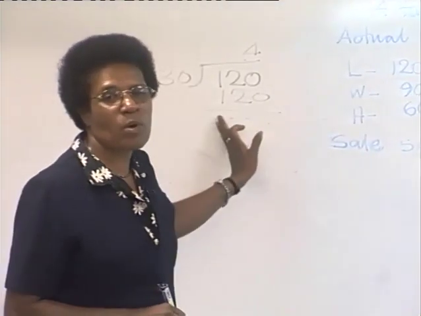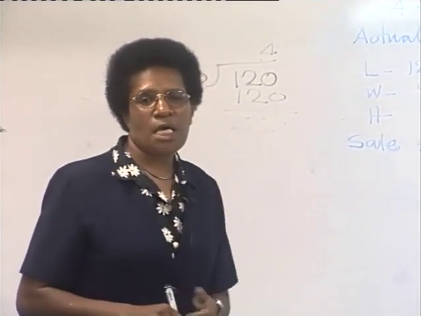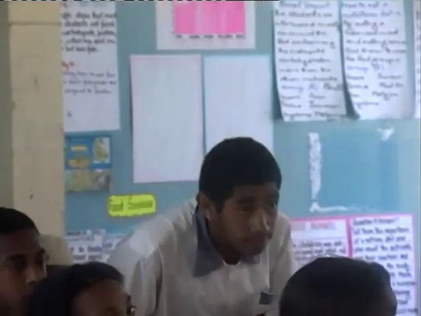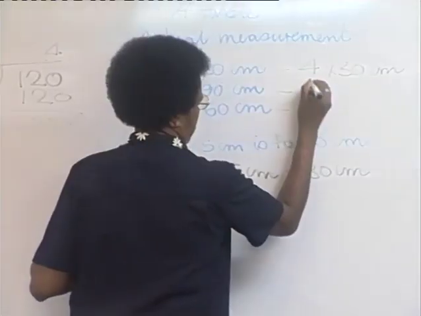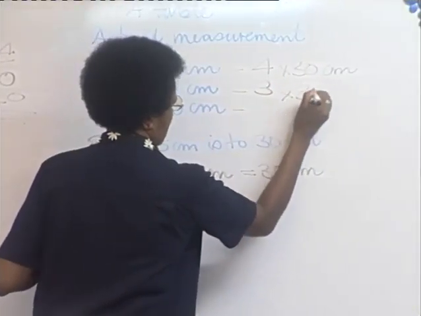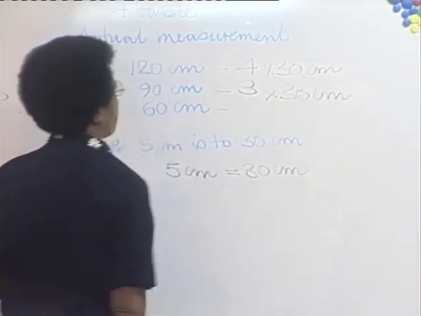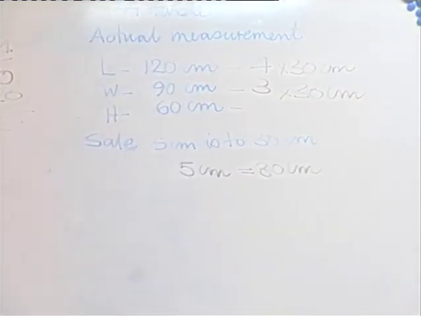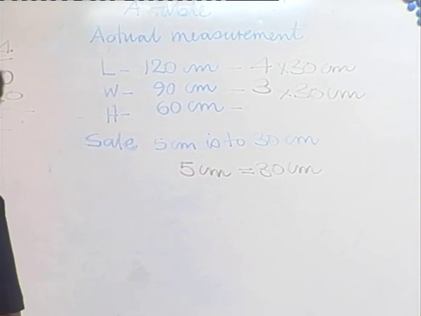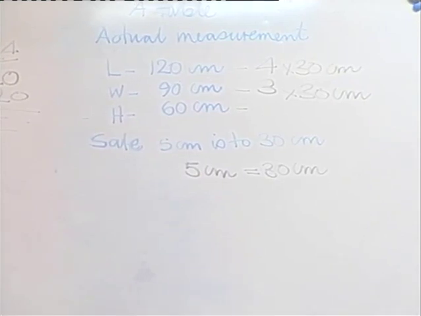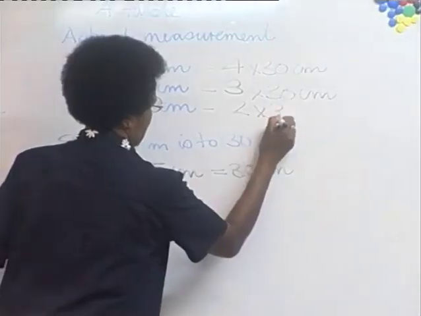If you do it the same way, following the same method, you come up with 3. 3, good. 3 times 30 centimeters. And 60, let's have a girl, Adrian. 2. Okay, 2 times 30.